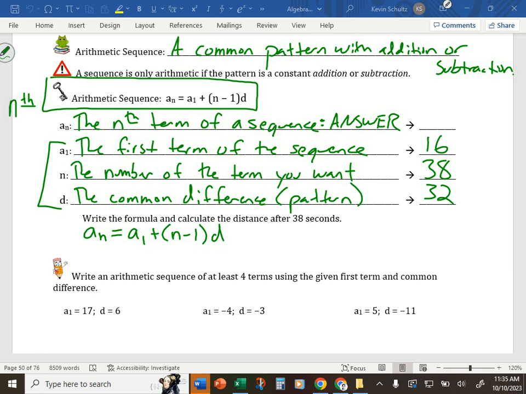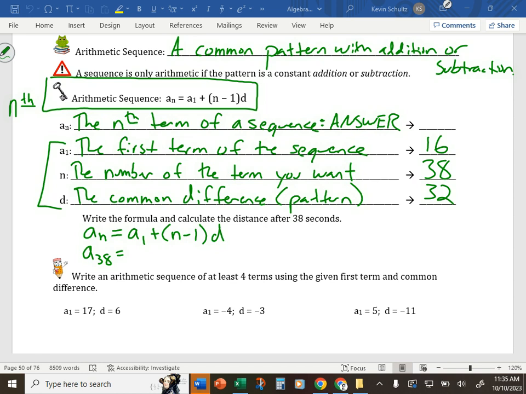It's the same thing that we have up here. And because we want to find the 38th term, this is what tells us that. A38. Remember, that's our answer. This formula will tell us what the 38th term is. Okay? What was our first term? What did we plug in for A1?